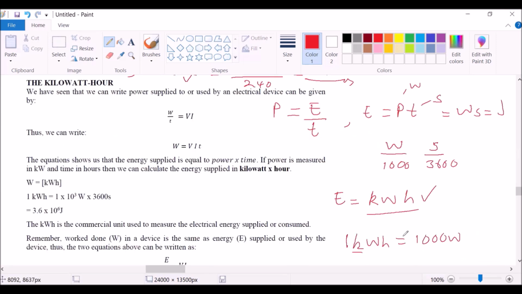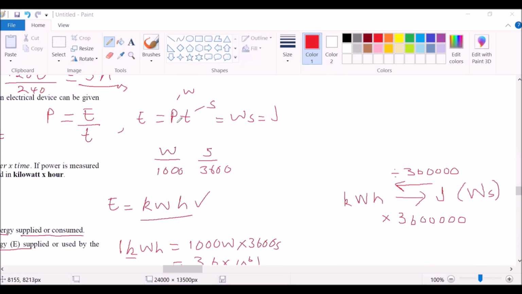The kilowatt hour is the commercial unit used to measure the electrical energy supplied or consumed in households and industry. Now, another equation we should know comes from this equation. Energy is equal to power times time, but power is equal to VI.